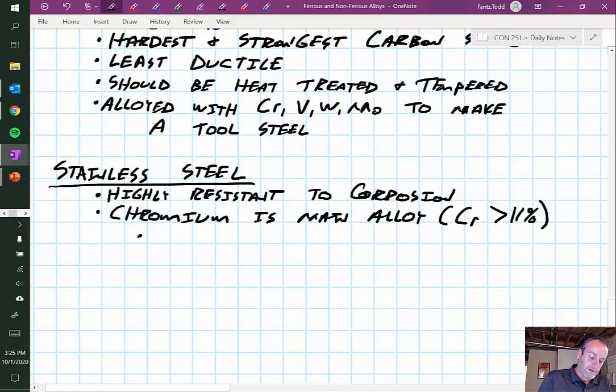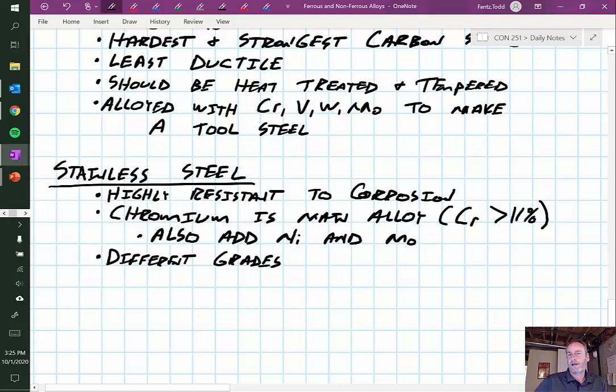Now, in addition to the chromium, within stainless steel, there is also added some nickel and molybdenum. And what that does is it adds to this corrosion resistance. Within this stainless steel, there are different grades of stainless steel and many types of uses.